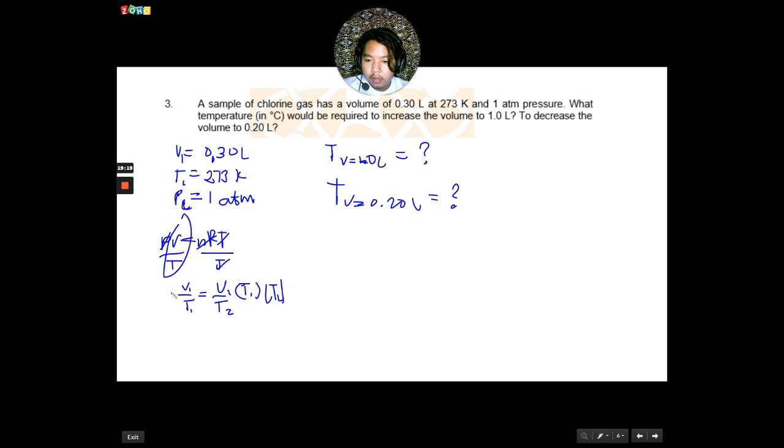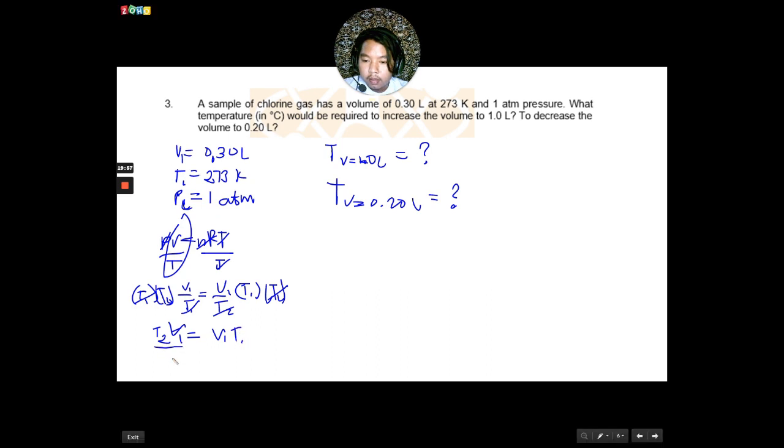T1 will cancel, and here T2 will cancel, so I'll be left with T2 V1 on one side and V2 T1 on the other.